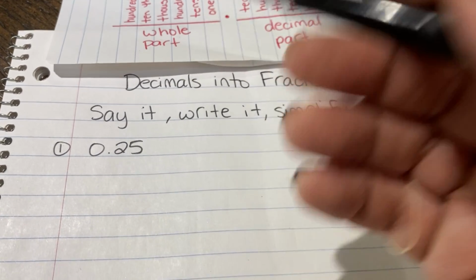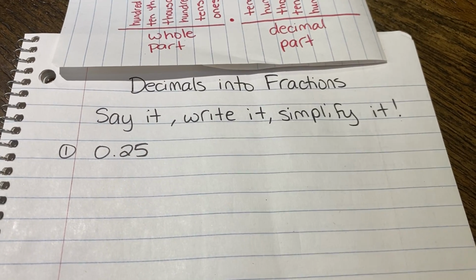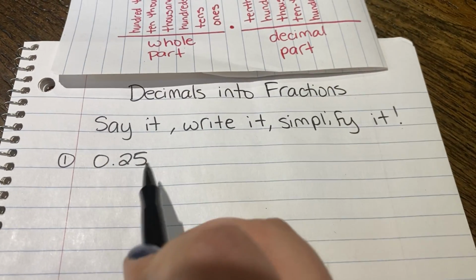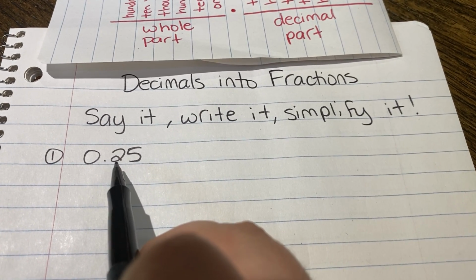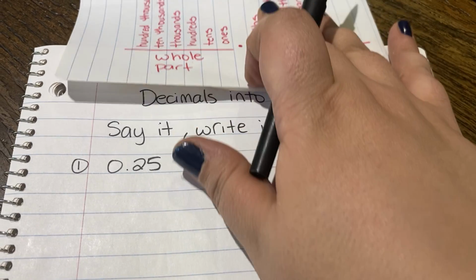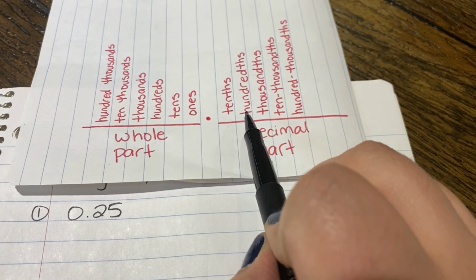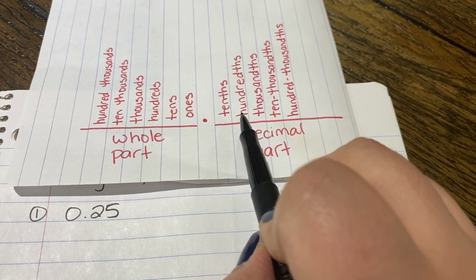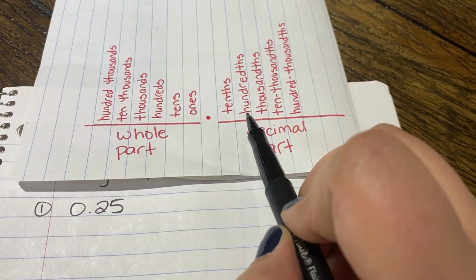How to determine the place value all depends on that very last decimal place, so in this case, it's the 5. You can see after my decimal, I have two numbers. So if you look up here, our second place value after the decimal is the hundredths. Wherever that last number falls tells you how you're going to say it.